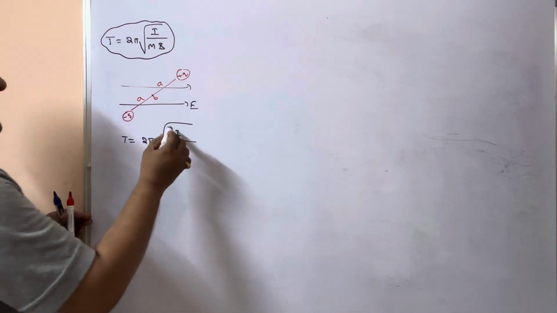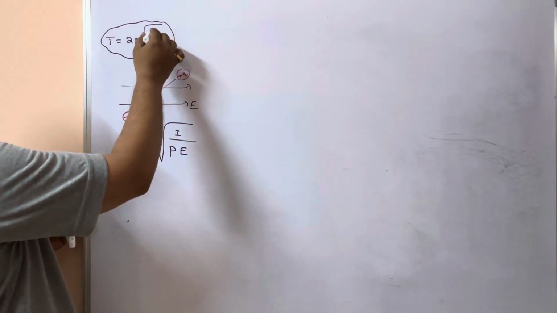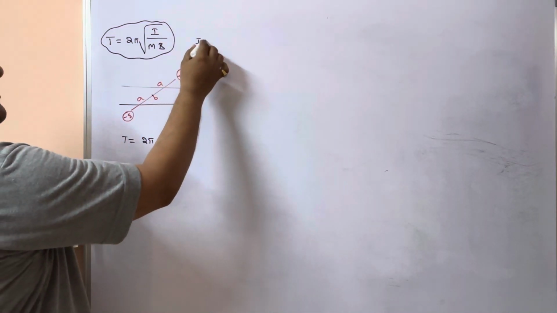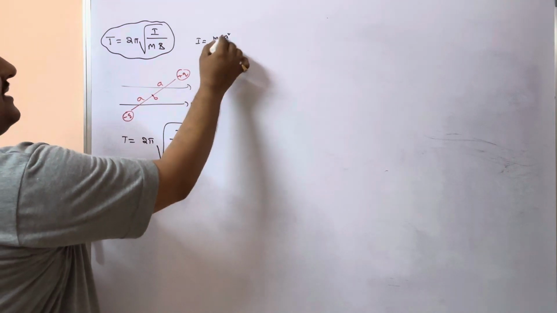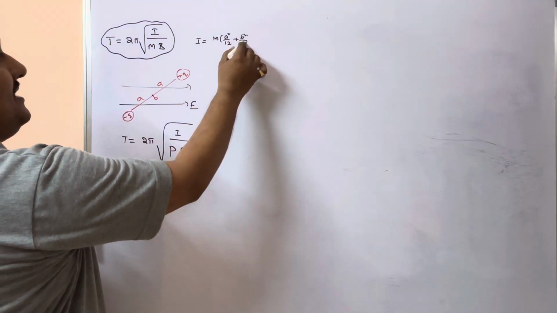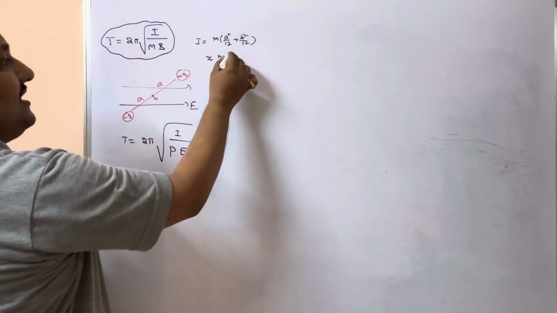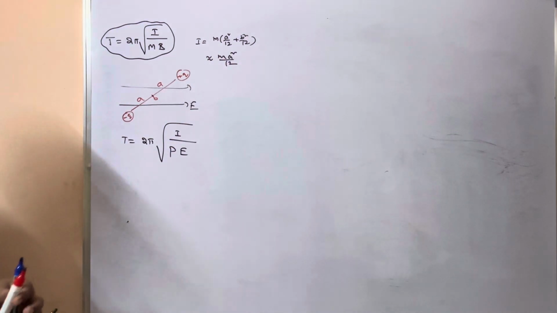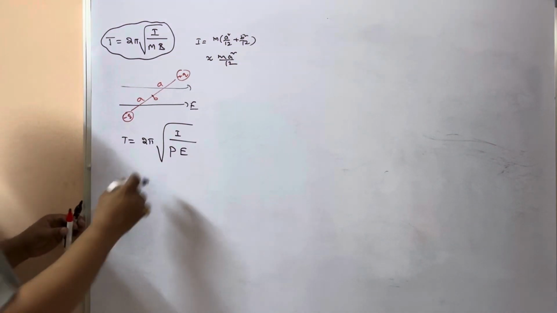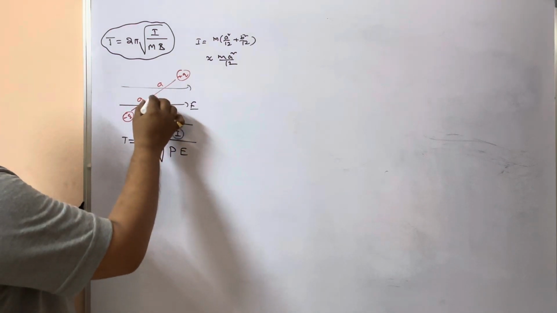Here, I is the moment of inertia of a small bar magnet, that is m a square by 12 plus b square by 12. Whenever the breadth is neglected, we wrote nearly m a square by 12. Now what is the moment of inertia of this one here?